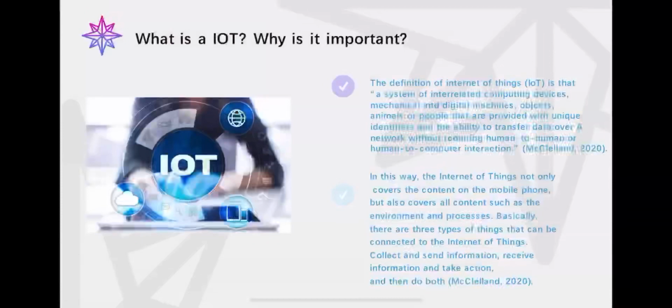IoT, by definition, is a system of interactive computing devices, mechanical and digital machines, objects, animals, or people that are provided with unique identifiers and the ability to transfer data over a network without requiring human-to-human or human-to-computer interactions.